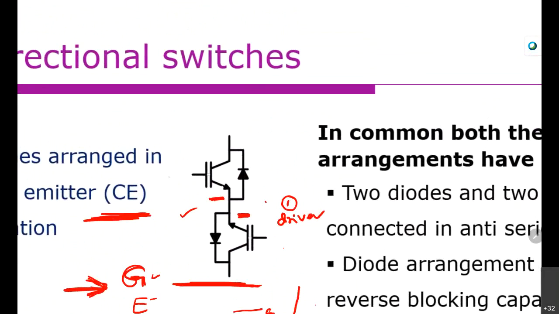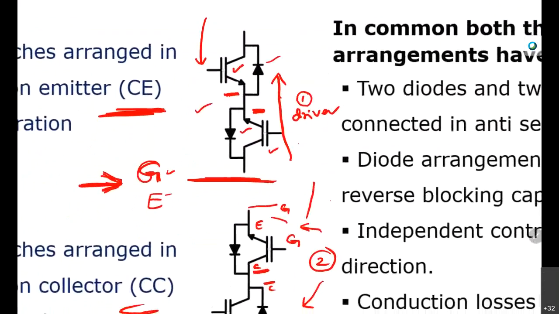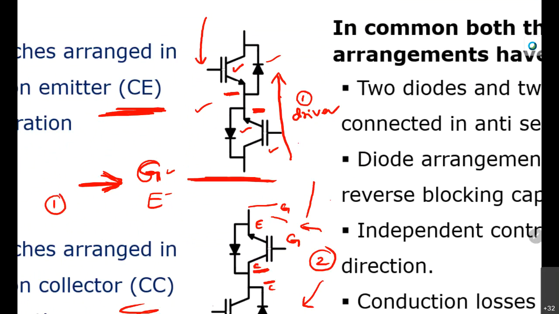Now the current flow. If the current is flowing in this direction, it flows through this switch and through the diode. If the current is flowing in the opposite direction, then the bottom IGBT and the upper diode conduct. So at any time, one switch and one diode are conducting.